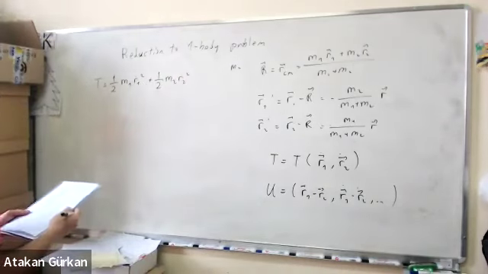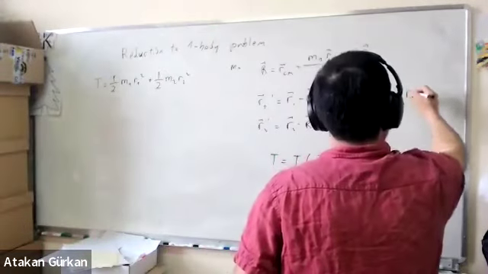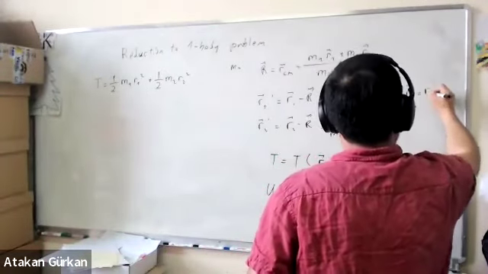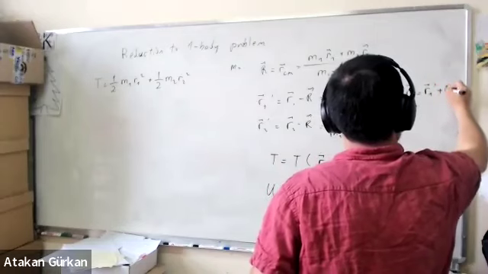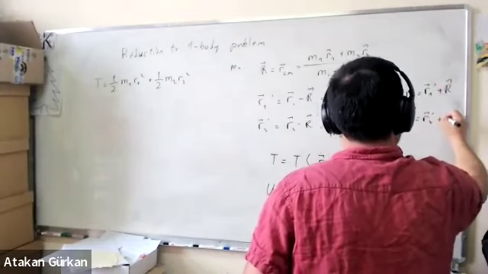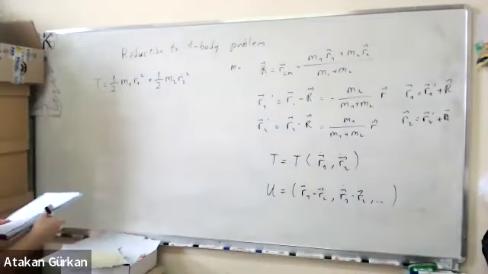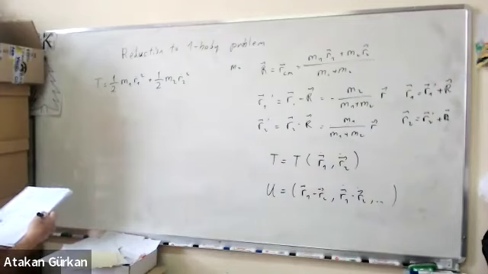And I can take this. So if this is correct, then R1 is R1 prime plus R, and R2 is R2 prime plus R. I take the derivative of that and square that over here.